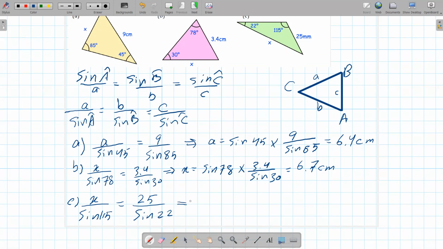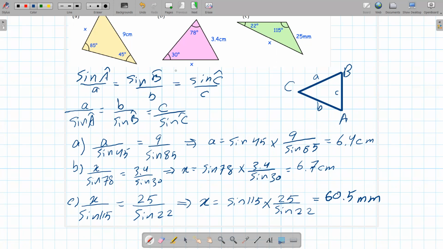After that, x equals sine 115 times 25 over sine 22, which is equal to what? Let me calculate this one. Sine 115 times 25 divided by sine 22 will be 60.5 millimeter.